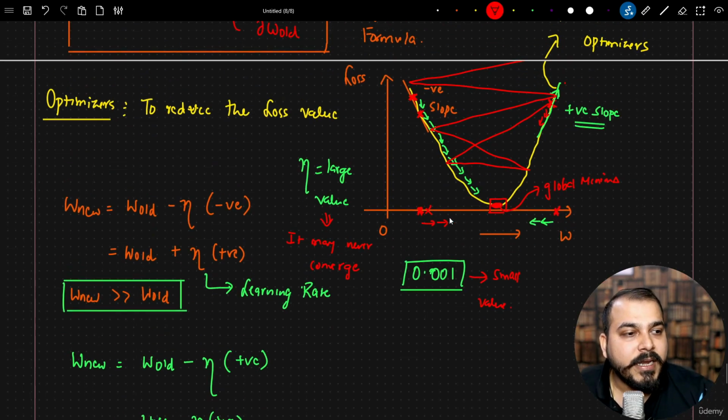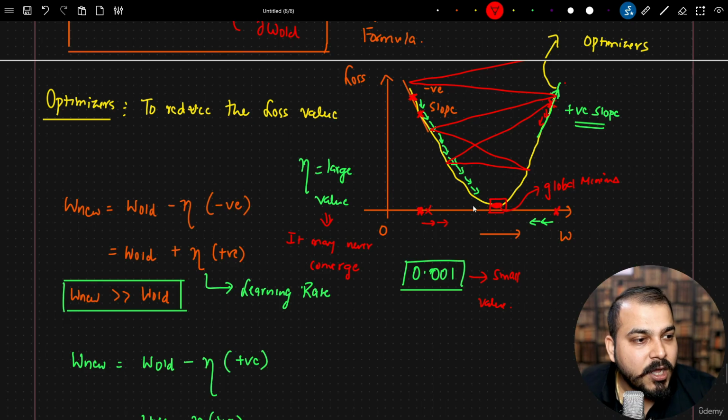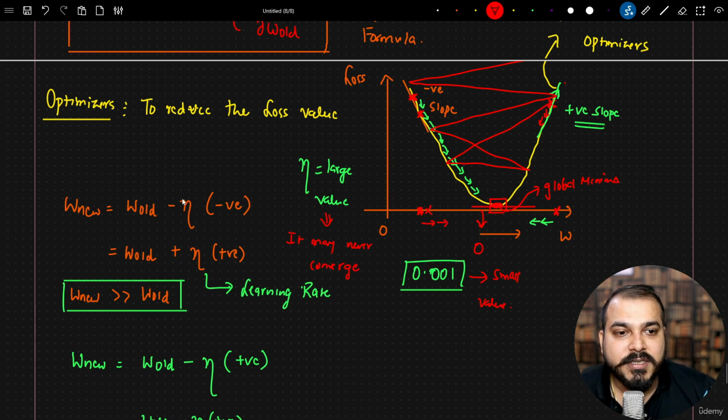At the end of the day, we need to come to this global minima. So when the optimizer will understand that, okay, finally the weight updation is done. See, once the W comes over here, right? Over here, when we try to calculate the slope, it will be 0. So this entire value will be 0, right? When this value is 0, this into this will be 0. So W new is equal to W old.